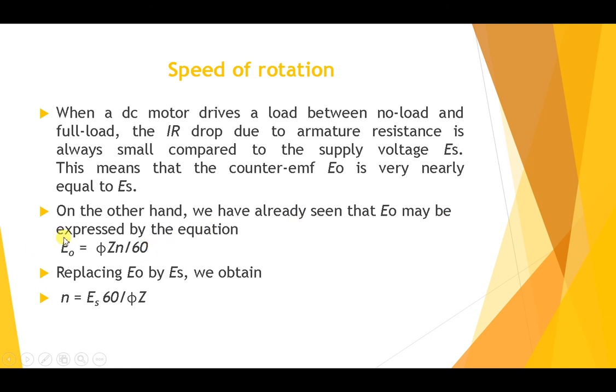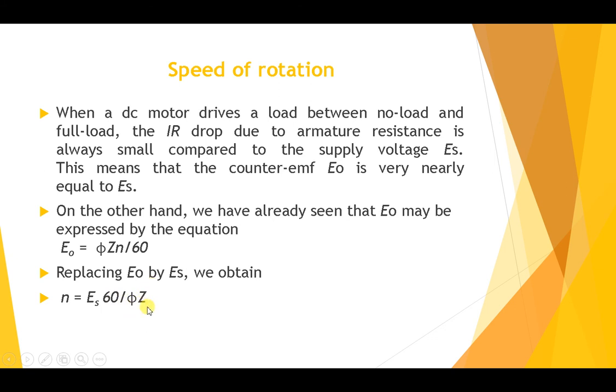So if we replace E naught by the supply voltage, as E naught is nearly equal to the supply voltage Es, we obtain this equation, and then we can find the speed n from it. So we get n is equal to supply voltage times 60 divided by phi Z.